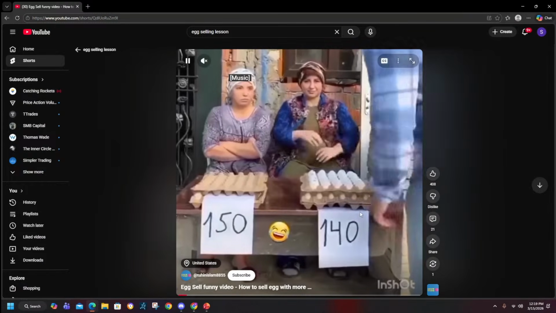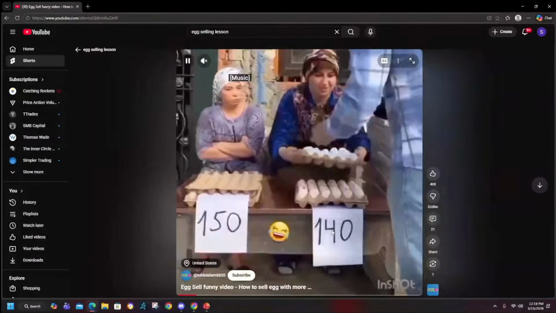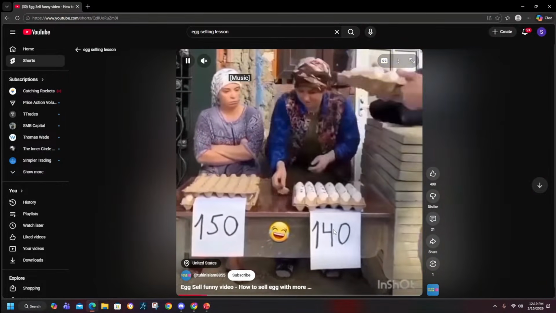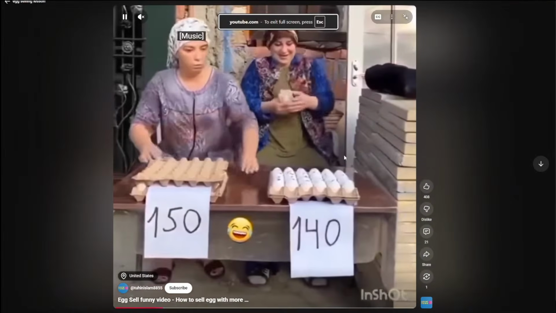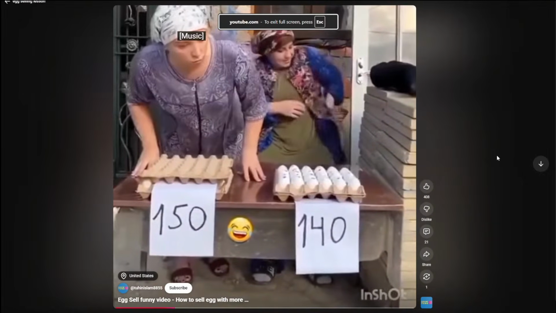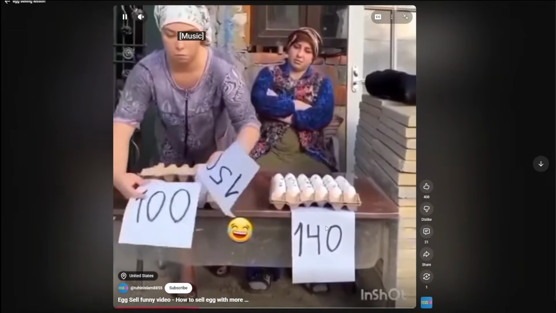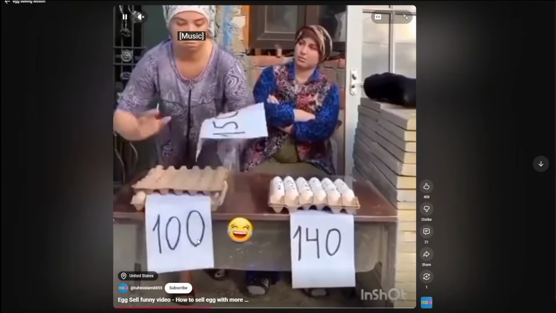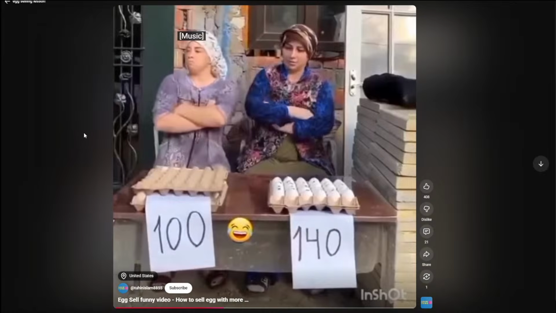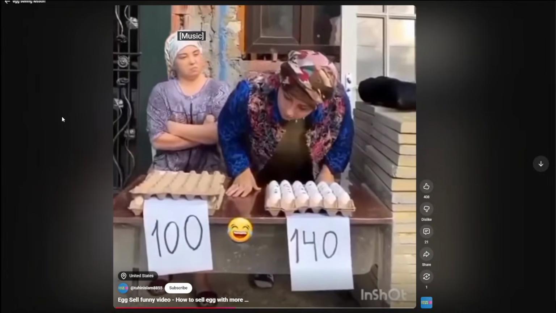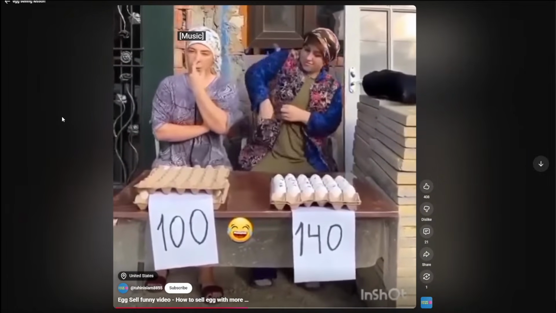This right here. Yeah, buy it all up and then gouge. She's noticing the price of this is 140, and she's like, "Oh, I'm gonna undersell you at 100." What does she do?